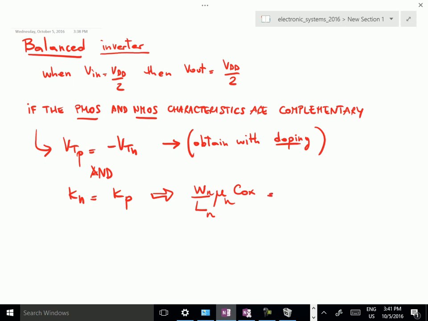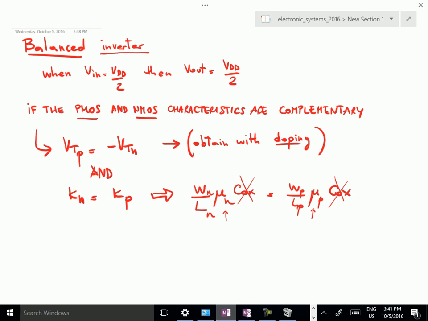And the PMOS is Wp over Lp times mu p times Cox. The oxide is the same for the PMOS and for the NMOS because they are fabricated at the same time, so we can discard these terms.